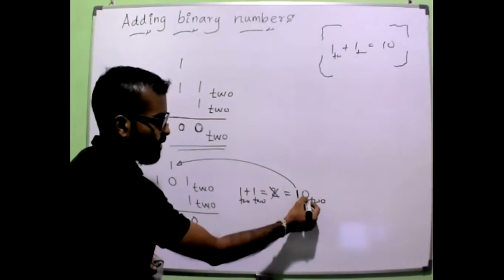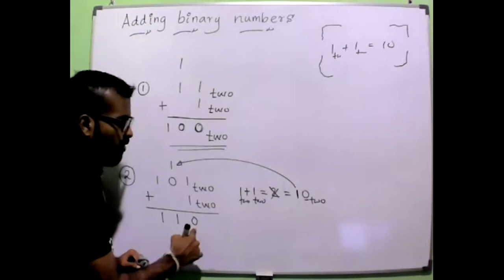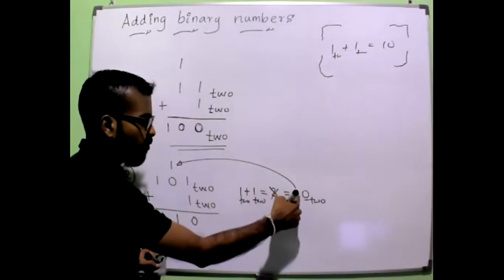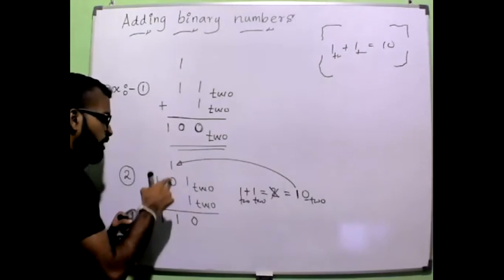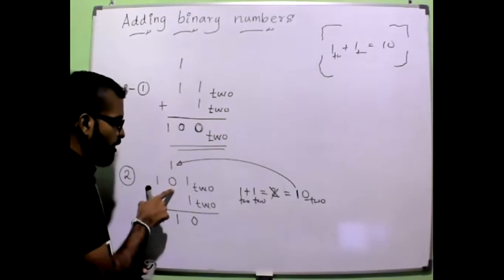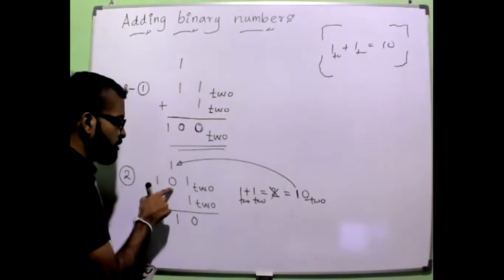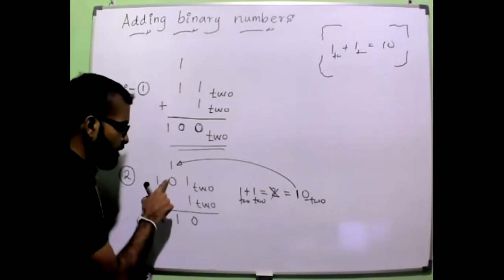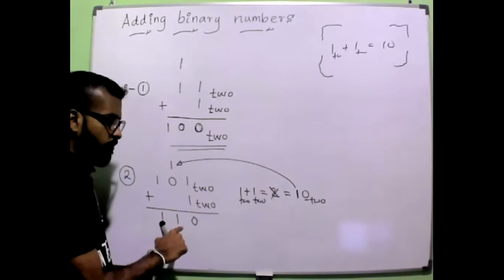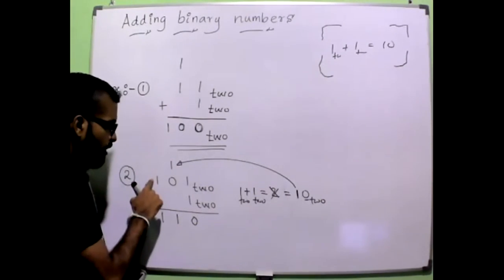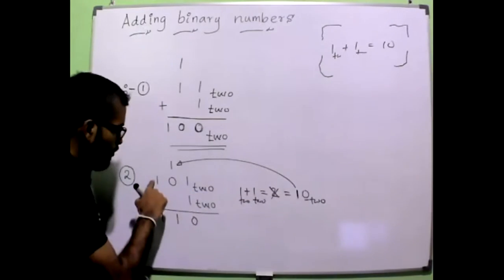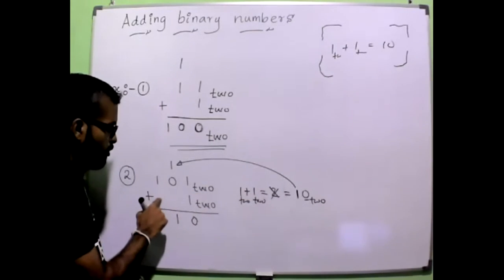So the last digit is 0. So you can put 0 here. Then this 1 comes to the next digit. You can write the rest on top of this 0. Then 1 plus 0, 1. You can put 1 here. Then, like in the previous example I told you, here you have 1, but below you have nothing.